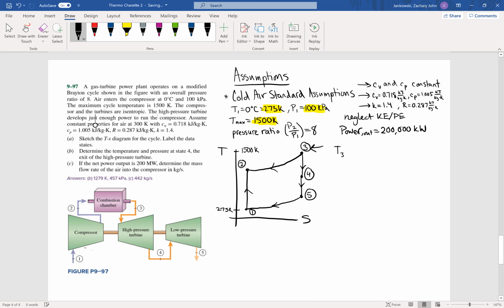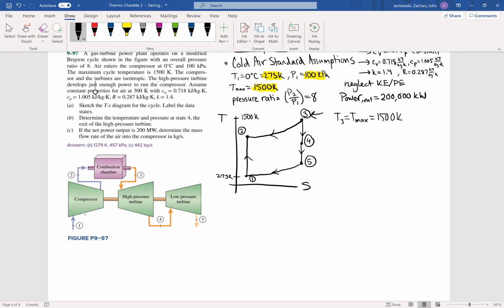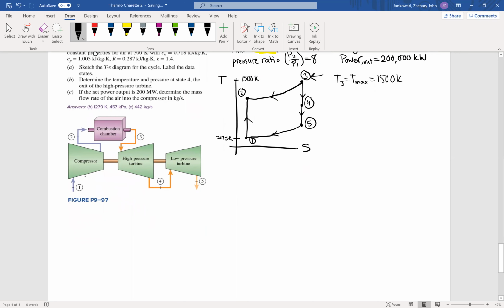So now moving on, to start our part B, we're going to start at the beginning of the cycle, and run through a few of the stages to determine some of the pressure and temperature values throughout the processes. So once again, we're going to note that stage 1 and 2 is our isentropic compression.